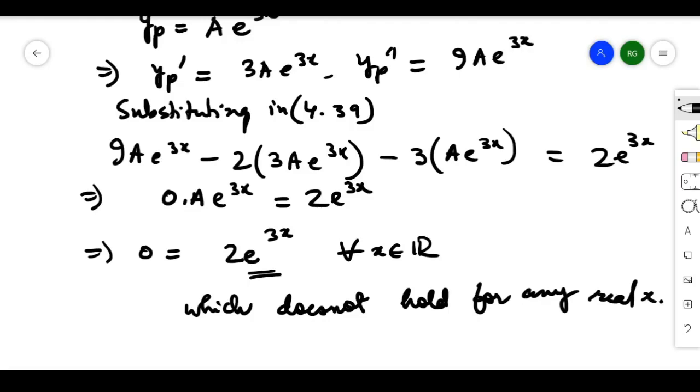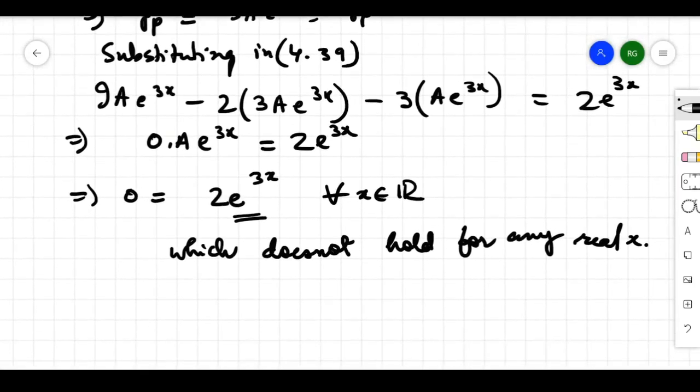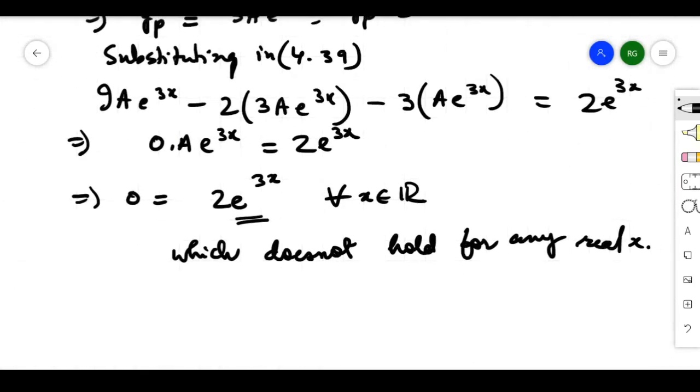Now in the earlier case we obtained the value of a, but here we got an absurd result: 0 is 2 e to the power 3x, which is true for all x in R. It is not possible. So why are we getting such a situation?